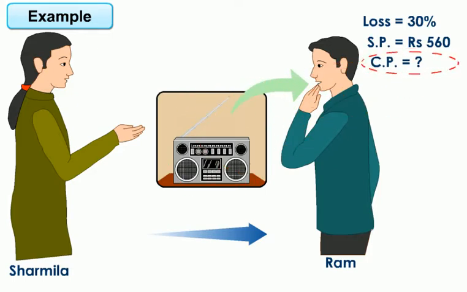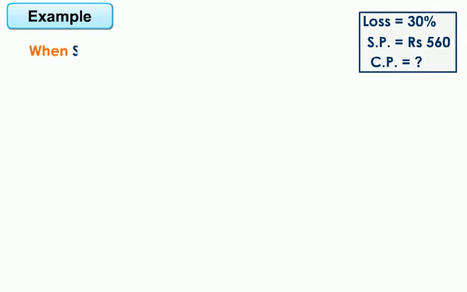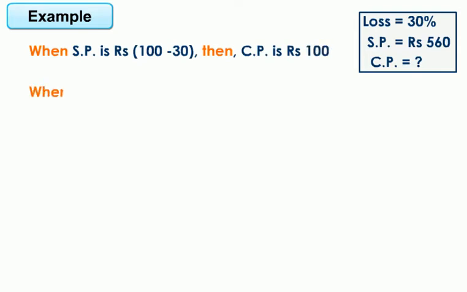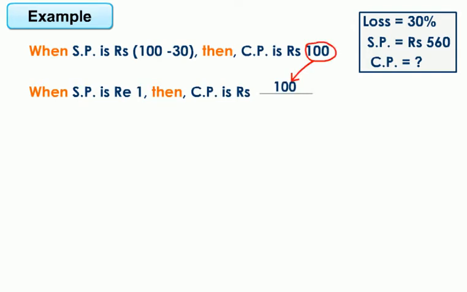Here, 30% loss indicates that when selling price is rupees 100 minus 30, then cost price is rupees 100. When selling price is rupees 1, then cost price is rupees 100 by 100 minus 30.